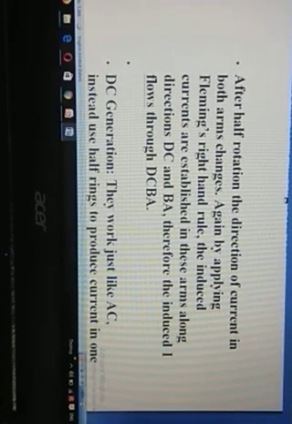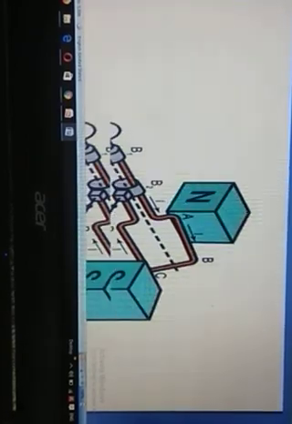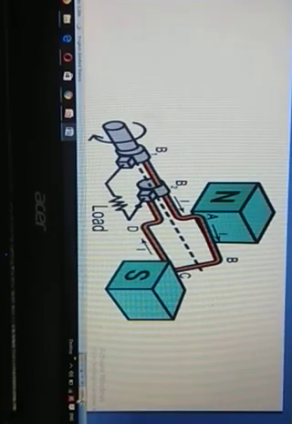After every half rotation, the direction of the current in both arms changes. Again, by applying Fleming's right-hand rule, the induced currents are established in these arms along the directions D to C and B to A. Therefore, the induced current flows through DCBA, which is reverse in direction. You can see, students.